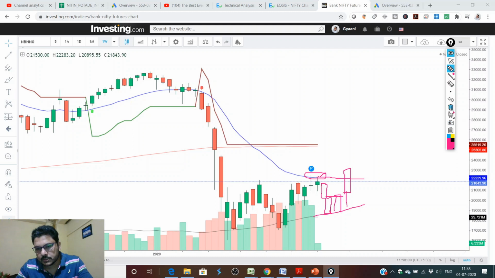It can do something like this. Or if any bad news comes, then it can break this level and go down also. So this is a very critical support level for us, as you can see. So this level has to hold on a weekly time frame.